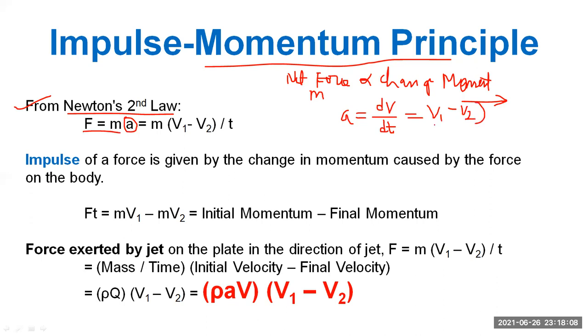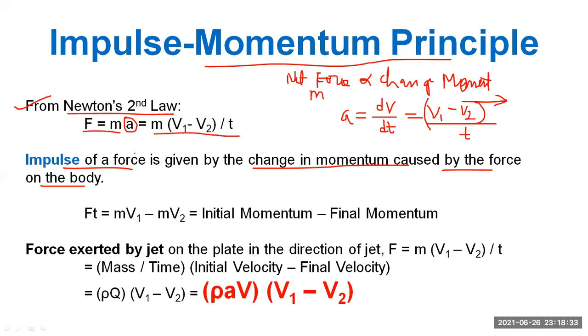So with v1 and v2, the change in velocity can be represented as (v1 - v2)/t. So F = m(v1 - v2)/t. It can also be called the impulse of a force, which is given by the change in momentum caused by the force on the body.